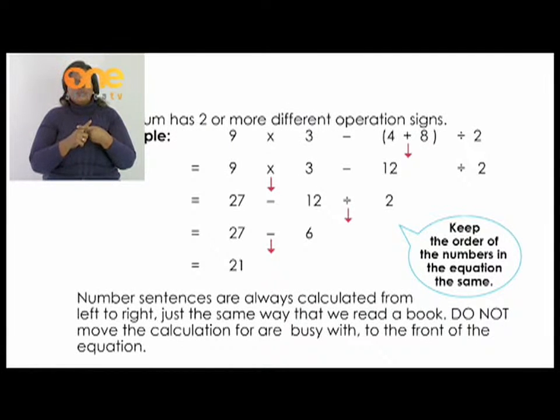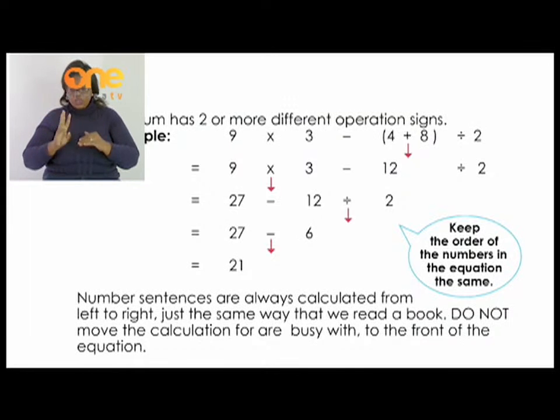So what is the answer to 9 times 3? 27. So we go to our next step. 27 minus 12 divided by 2. Still according to BODMAS, the next operation will then be division. So I rewrite everything that I have there. 27 minus, and the answer to 12 divided by 2 is 6.